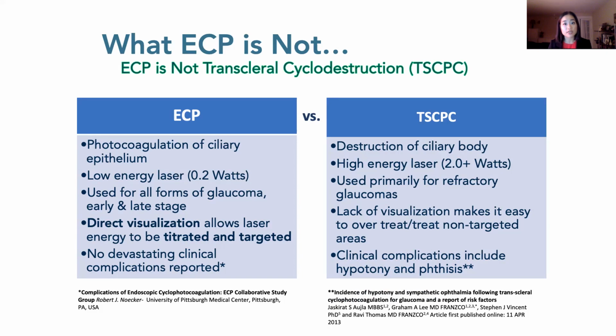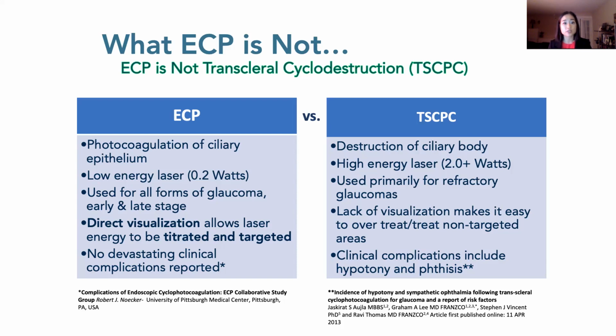But the end result of the ECP is quite different from transscleral CPC, because with the ECP, you can really titrate the energy and duration, avoiding damage to the collateral tissue, and also require only 1/10 of the energy that you need for CPC, because you don't lose any energy to surrounding sclera and ciliary muscles as you do in the transscleral approach.